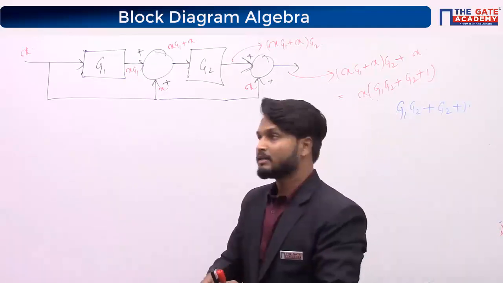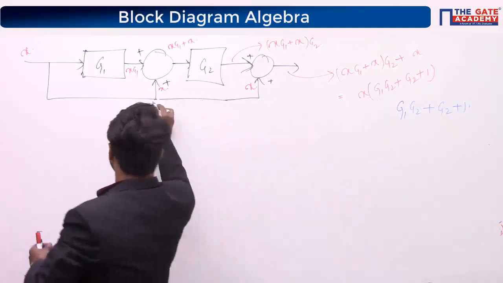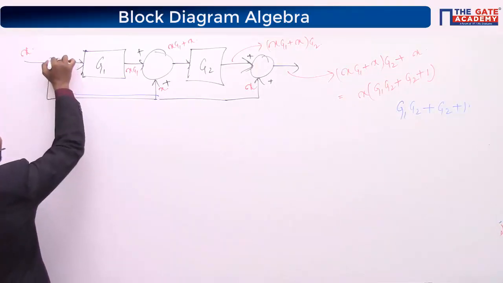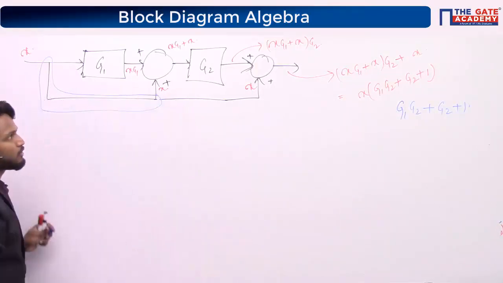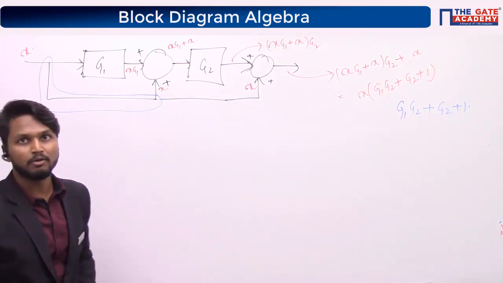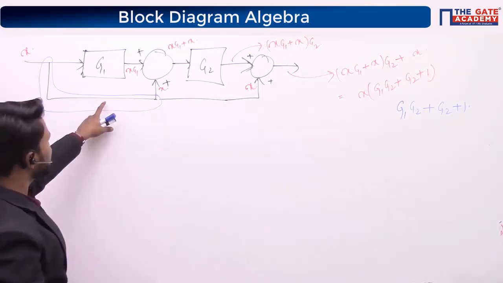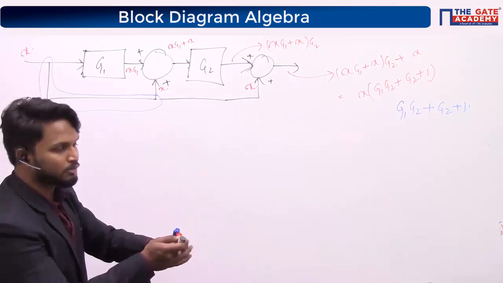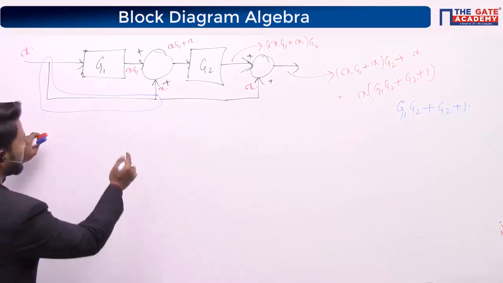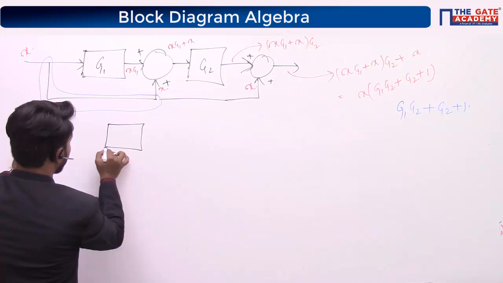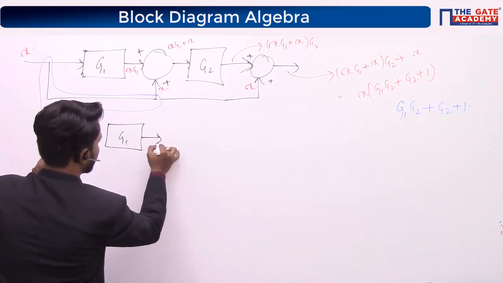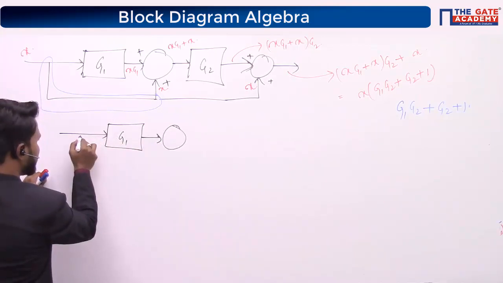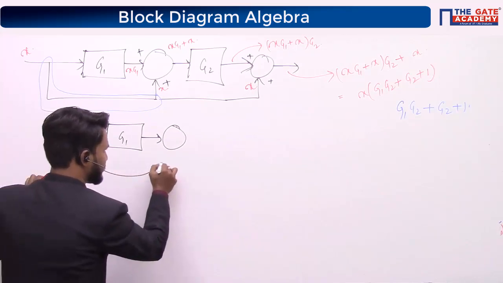See here, everyone. You can consider this entire thing to be a single node, yes or no? This entire thing is a single node. So you can simplify this this way, G1, whatever you have. You can easily simplify this in this manner.